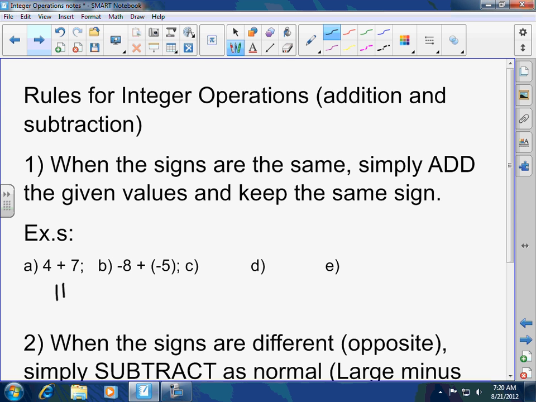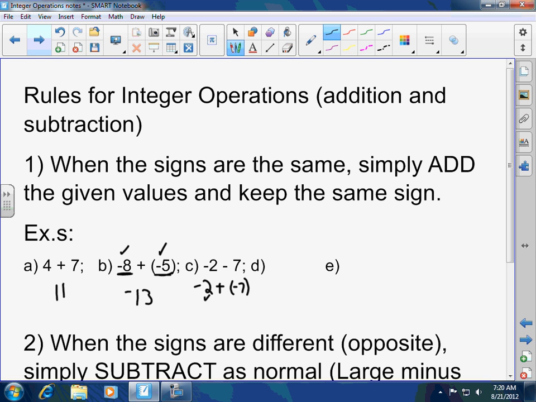-8 plus a -5. The signs are the same, so you add, that'll be 13, and you keep the same sign, so that's -13. -2 minus 7. Don't get confused here. This is simply saying a -2 plus a -7.